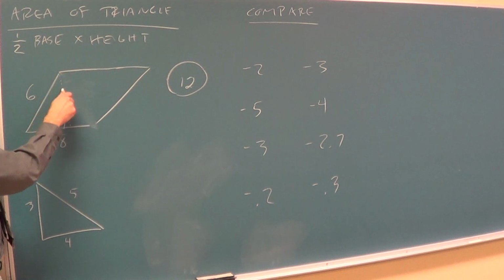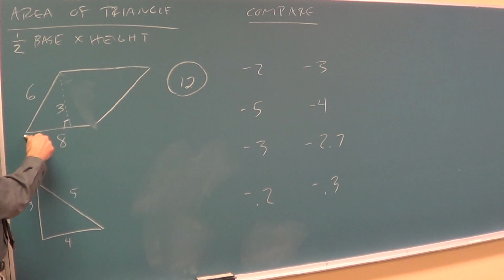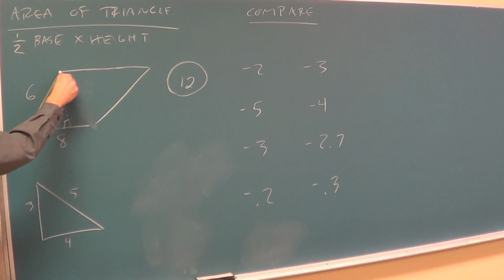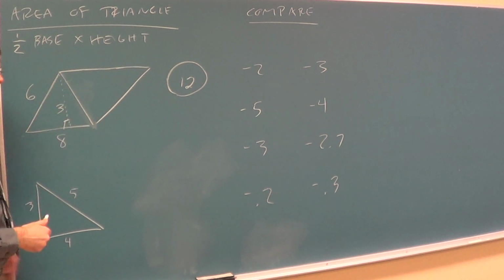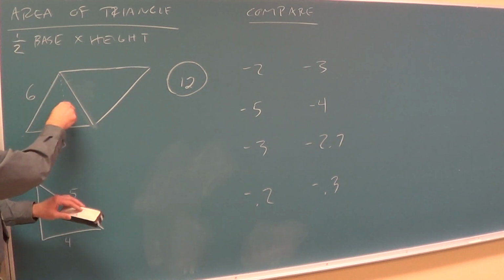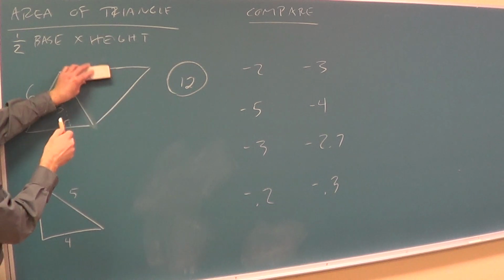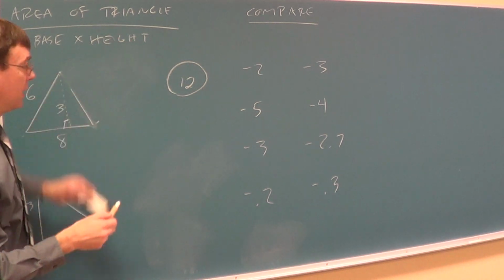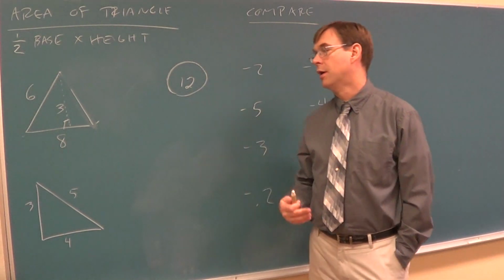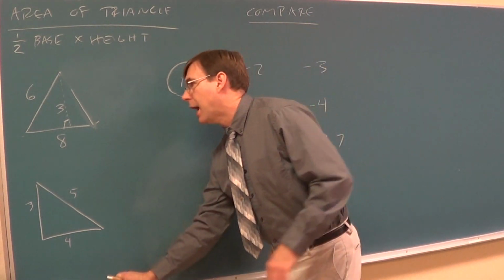For parallelograms, we always use the dotted line times who it's perpendicular to. 3 times 8 is 24. If I go like this, I just cut that parallelogram in half. These two triangles are the same shape and size. You're always, for triangles, going to have to cut the thing in half. We're going to multiply two numbers, and we're going to cut the thing in half.